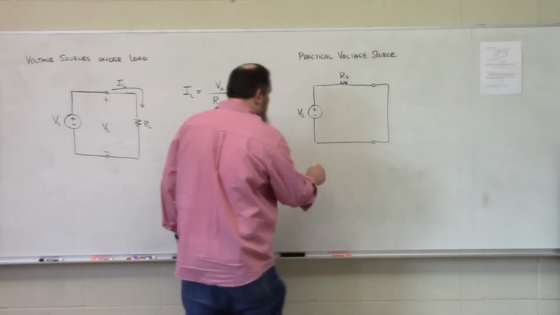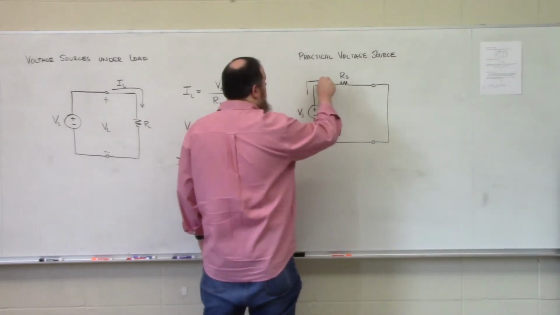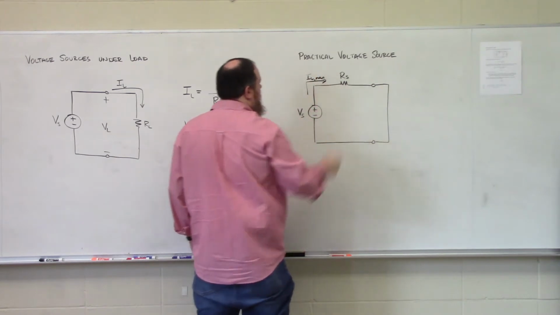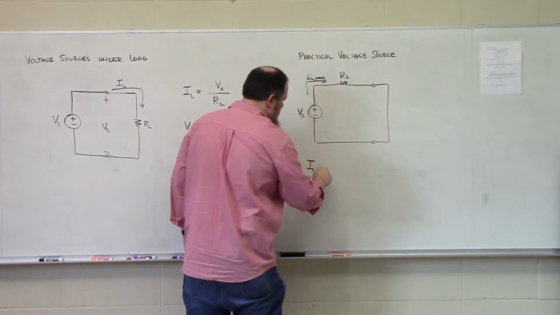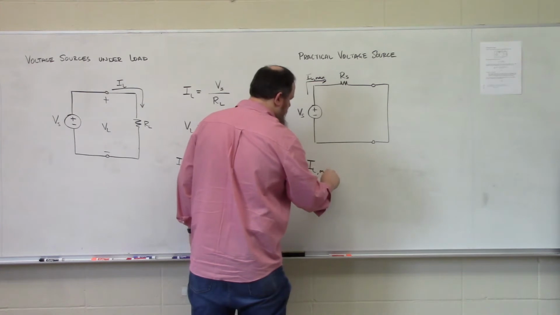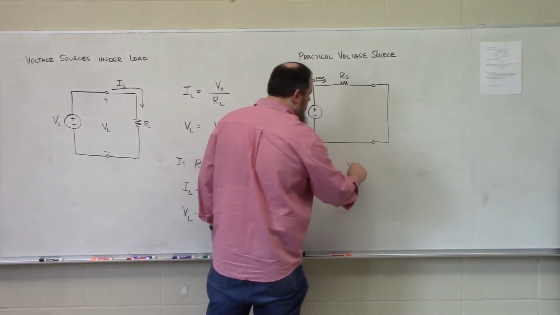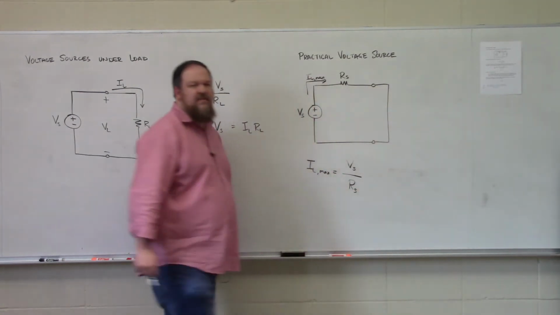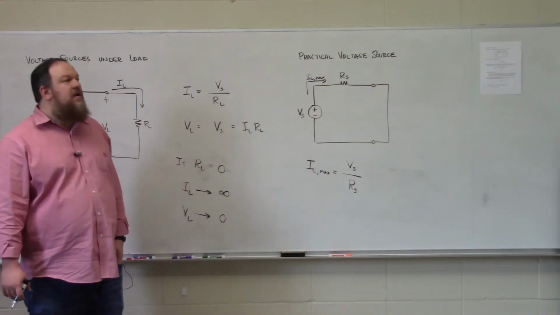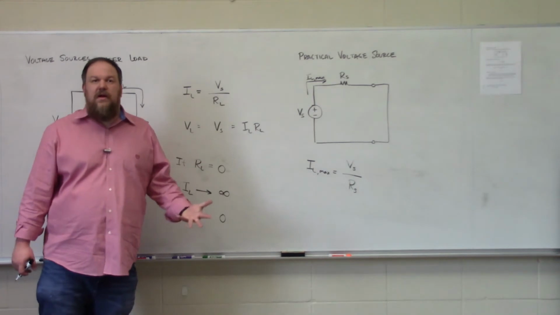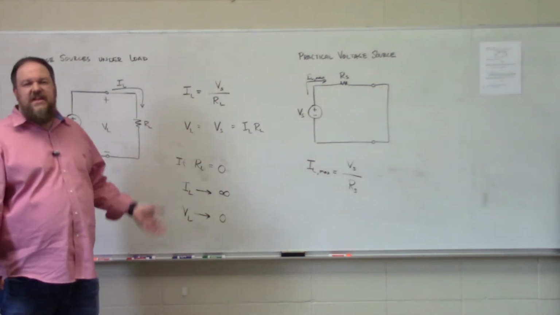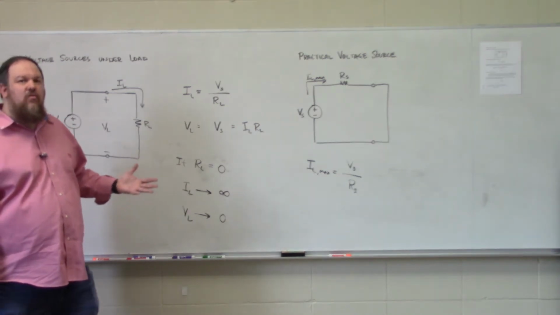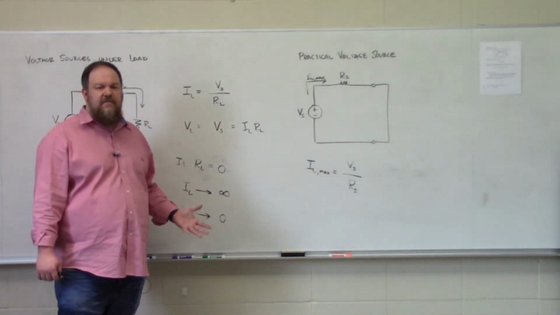I would see that this current IL max is simply Vs divided by the source resistance Rs. So we're no longer capable of getting an analysis result that gives us infinity. So this is a very, very good approximation of how a real voltage source behaves.